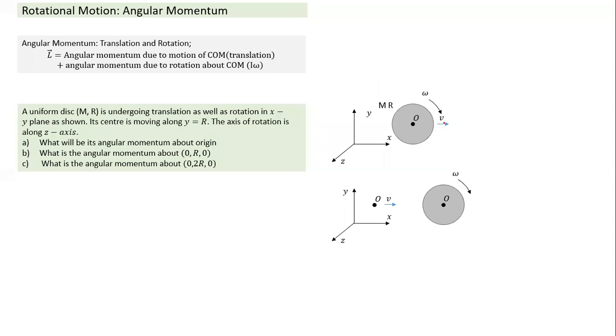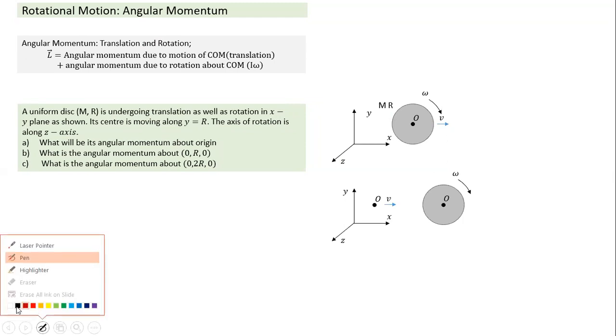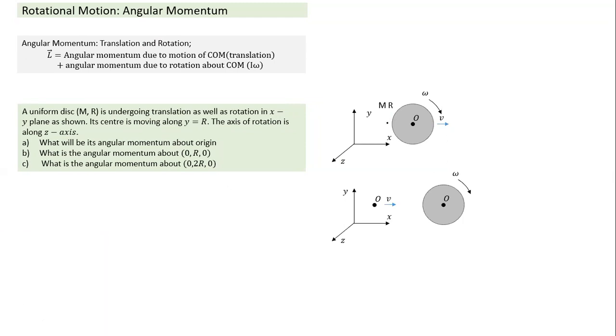So it is having rotational motion about an axis which itself is in motion. In such a combination of translation and rotation, you have a V term and an omega term. How do we calculate angular momentum where translation and rotation are both involved? Just pay attention to this, because it is the most important point related to the combination of translation and rotation.